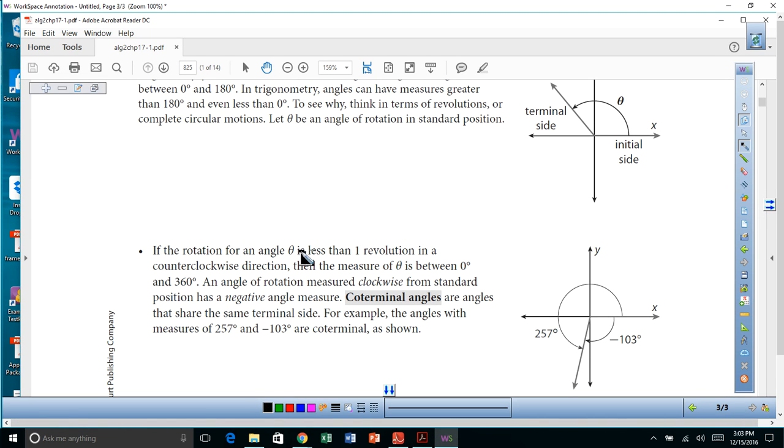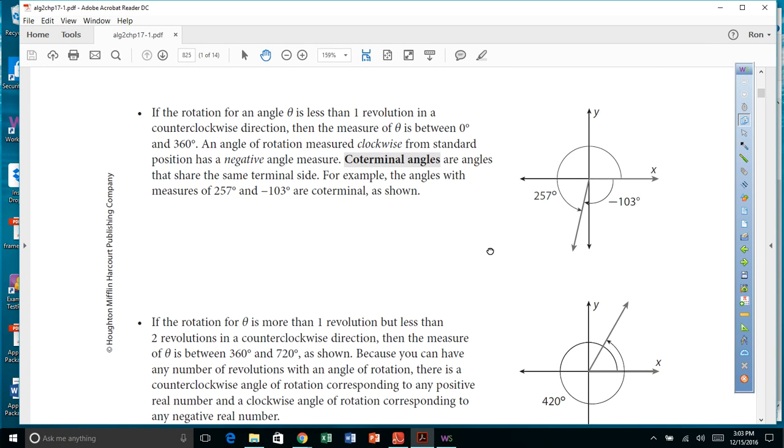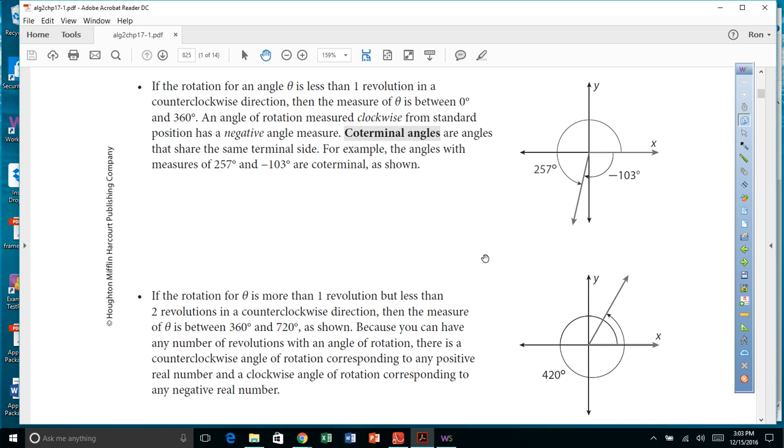And this symbol here is called theta. It's a Greek letter.